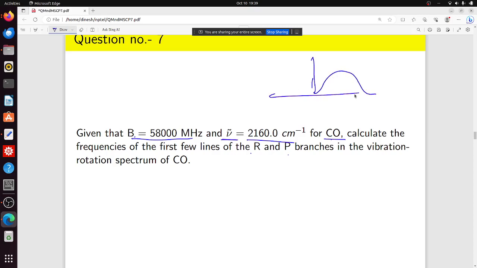There was some distribution like this, and these distribution lines, if you remember from the earlier classes, were defining the transition lines.